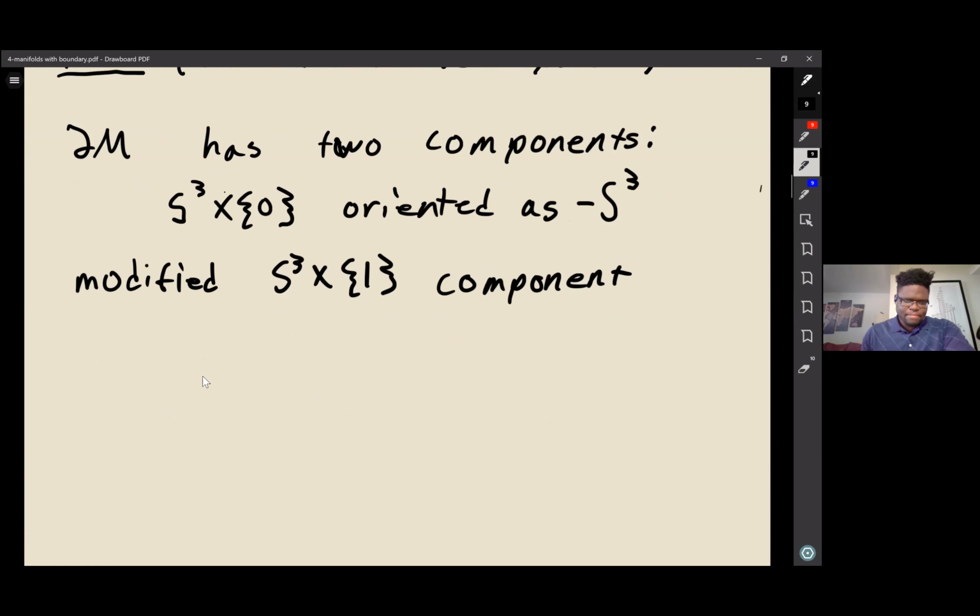So to figure out how this component of the boundary changes after we attach this 2-handle, we realize that this boundary component is S3. So this boundary component is homeomorphic to S3. The boundary of the 2-handle is S3, and they're glued together along S1 times D2.